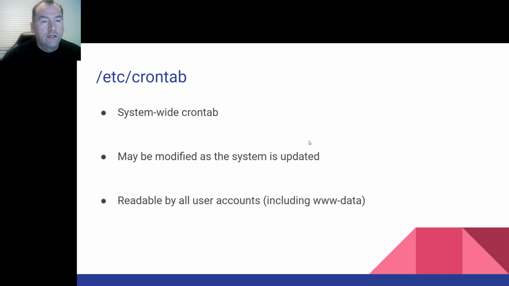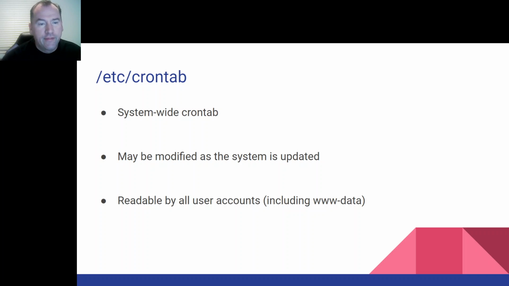So first off, I wanted to talk about the system-wide crontab. The system-wide crontab is located in /etc/crontab. And even though commands may be placed in this file and it's commonly used, it could be updated or modified when the system is updated.